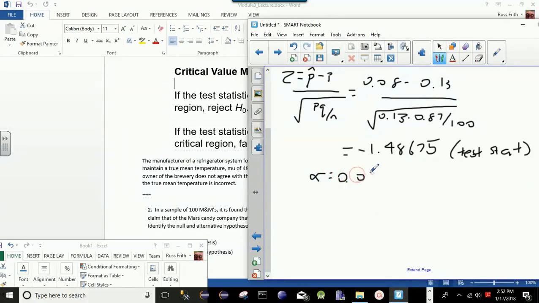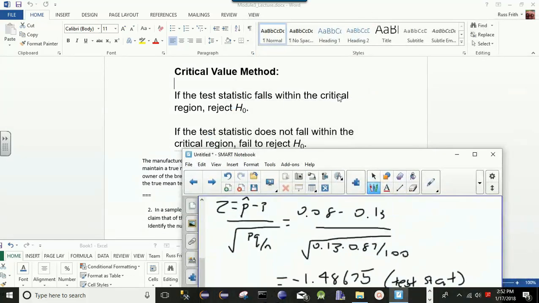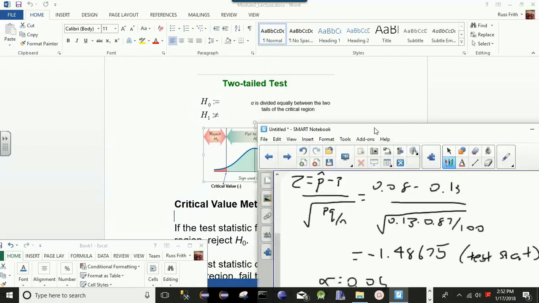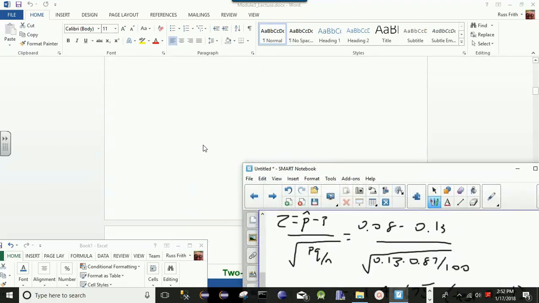Now remember I showed you earlier, whenever we deal with a not equal sign, this is a two-tailed test. Whenever you have non-equal, that's a two-tailed test. So that means you're going to have two critical values.